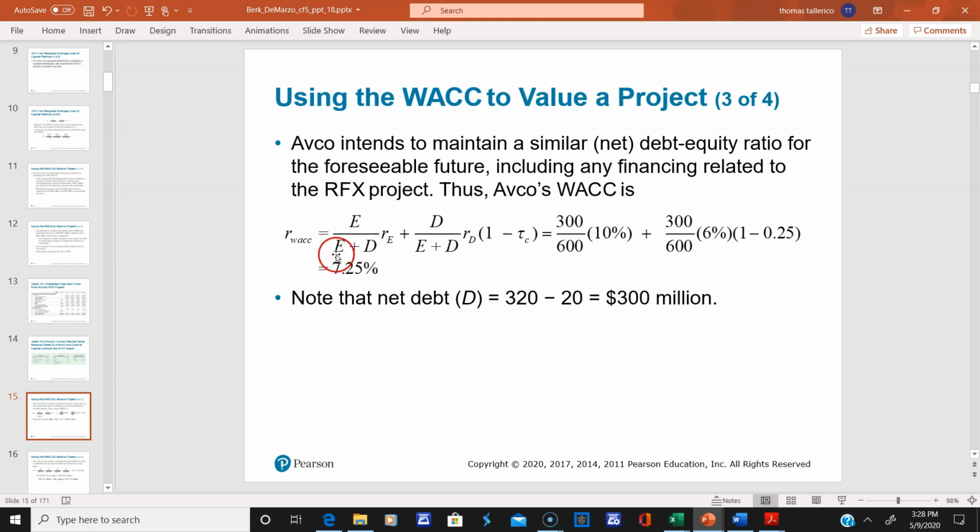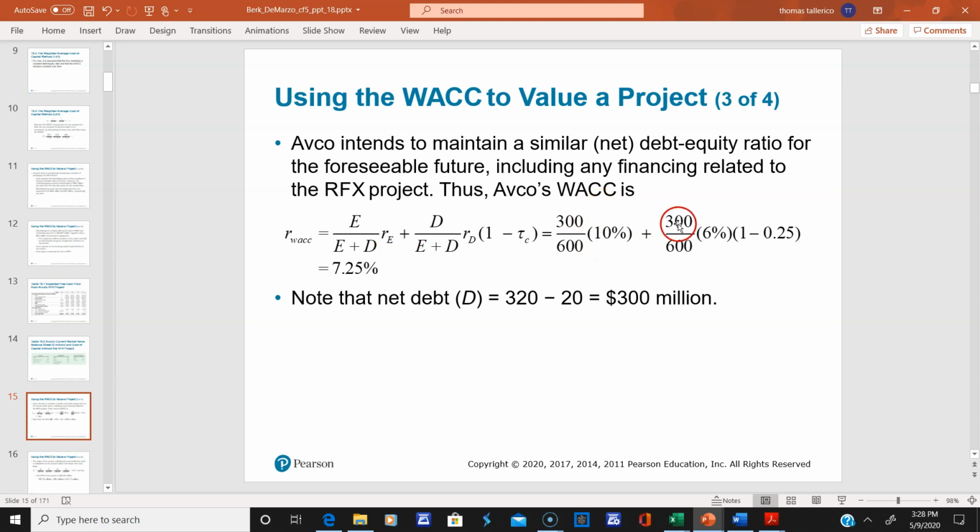Now, you'll notice the debt in your book is 320, but there's $20 million in cash. So that makes this bottom line 600 million. They took off the cash. So the equity plus the debt is 600 million.